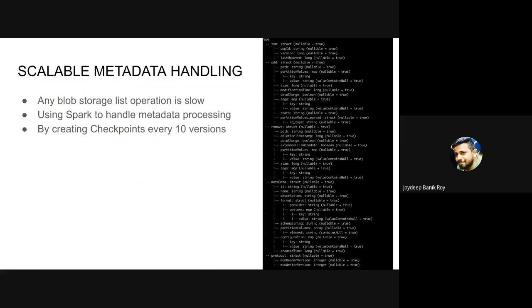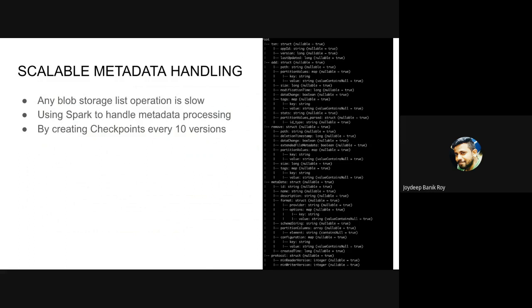The metadata is stored along with your data, and this is the structure on the right-hand side. You have a column called add, remove, something is happening here. I'll come to that. But the point is, all the metadata of your data, what inserts happened, what files were added, what files were deleted, these kinds of operations are stored along with the data.